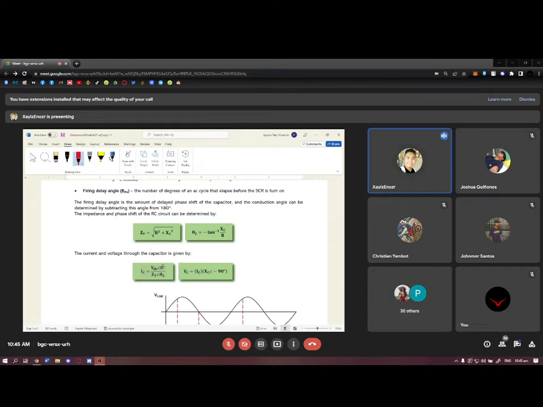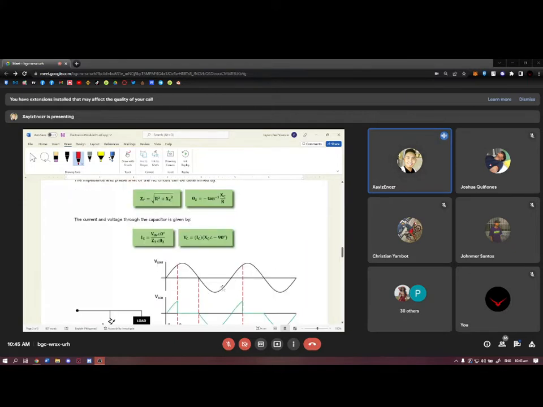Next, we have VIN angle 0 degrees over ZT angle theta Z. Then yung VC natin or the voltage drop dun sa capacitor is IC multiplied by XC angle negative 90 degrees. Bakit negative 90 degrees? Because in an RC circuit, the voltage lags by 90 degrees.